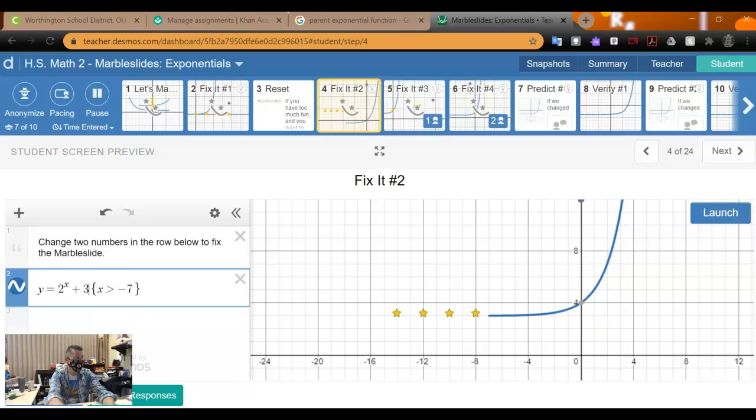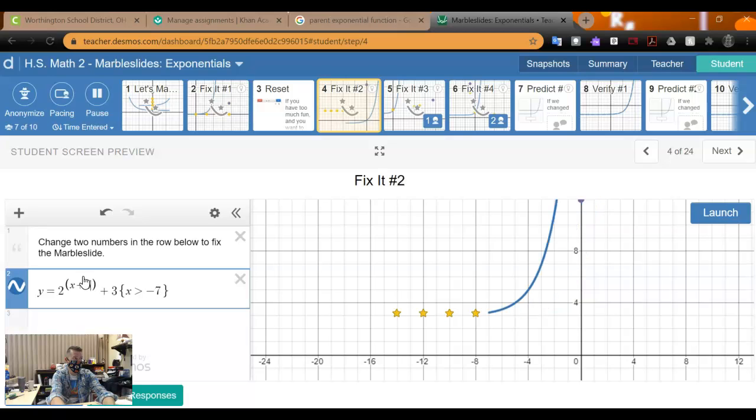Oh, wait. Positive 3. Okay. Now, we said we want to shift left, which we said last time involved the exponent being modified. How would I shift left? Would I add or subtract up here? Well, let's play with it. If I add 2, oh, it looks like I'm shifting left. Add 3, add 4, add 5. Uh-oh.